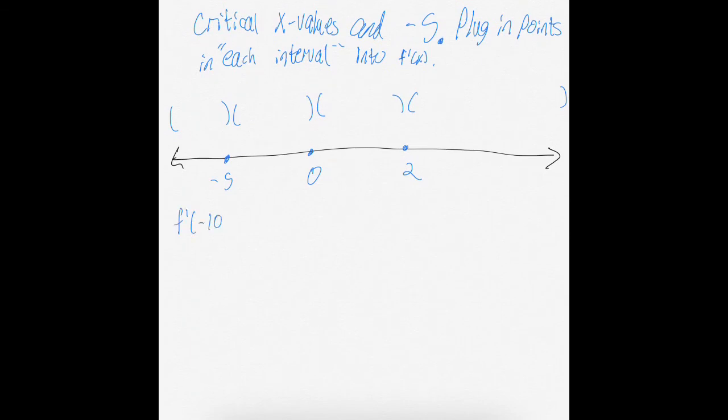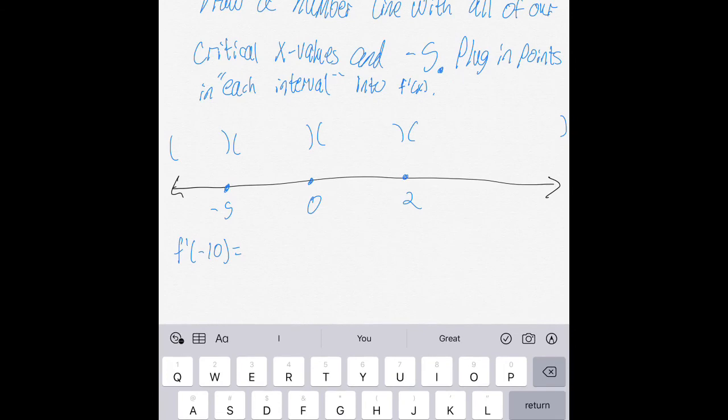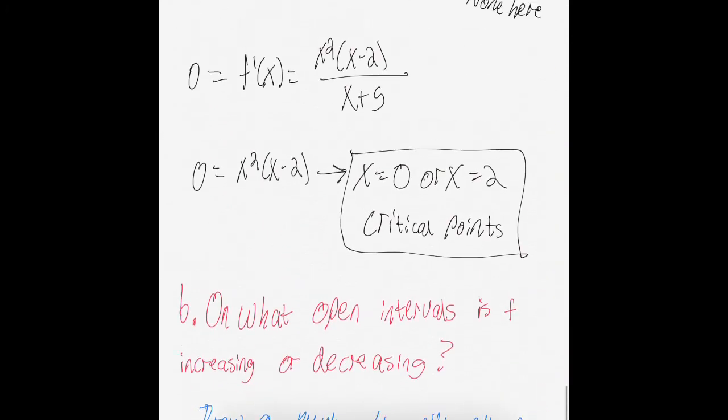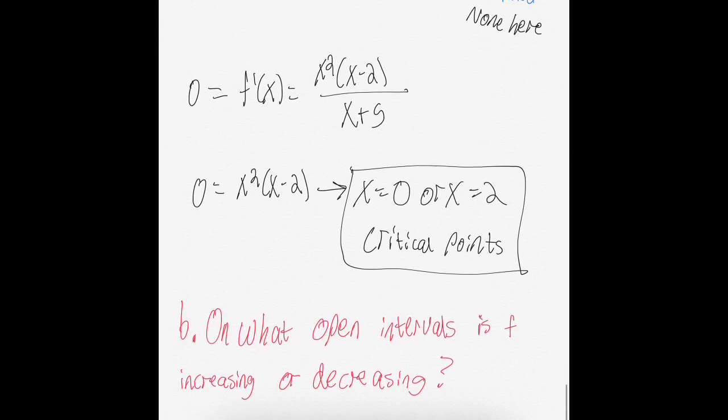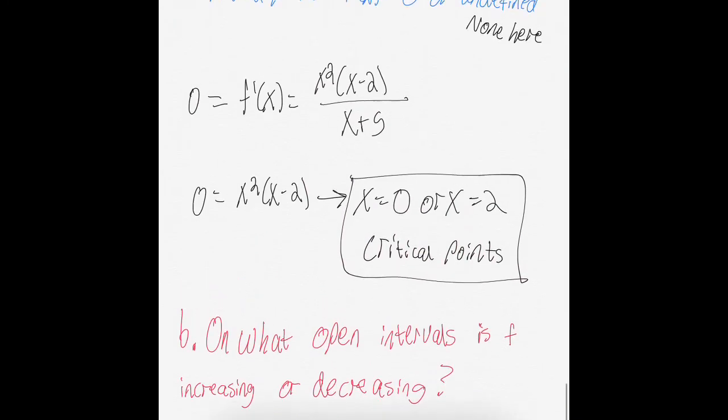Okay. So for example, let's first look at what's happening to the left of -5. Well, f prime of, let's say, -10. Why not? It doesn't matter. We can plug in anything we want so long as it is in this interval, to the left of -5.